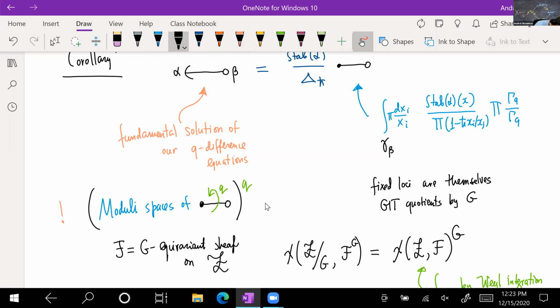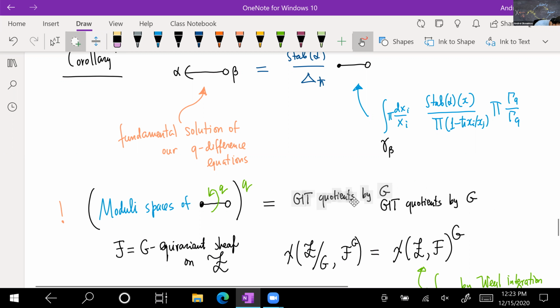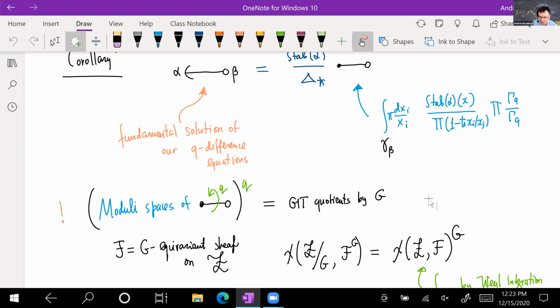These are JT quotients by G. So when we integrate over the modular space, it means we can integrate over some JT quotient by the group G, which means that there will be some integral. What that integral is, you have to compute. Maybe I'm not going to explain that, but the fact that there is an integral.